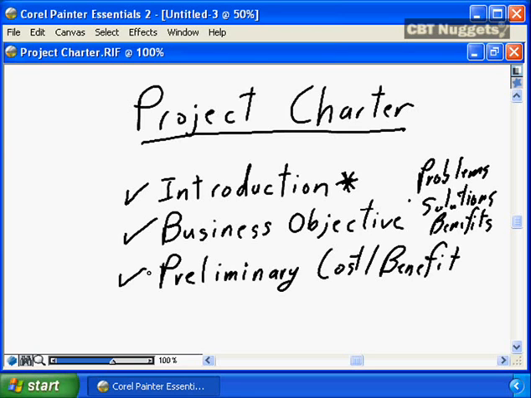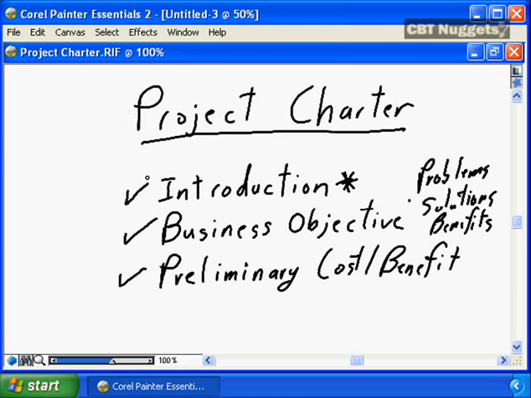If I spend $50, $200, $300,000 on this project, am I going to get my money back? Is it a 1-year payback, a 2-year payback, a 5-year payback, a payback based on tangible benefits, a payback based on intangible benefits? How will I know that I am taking the right actions, committing the right financial resources, committing the right human resources to the project to ensure that the project is going to succeed?